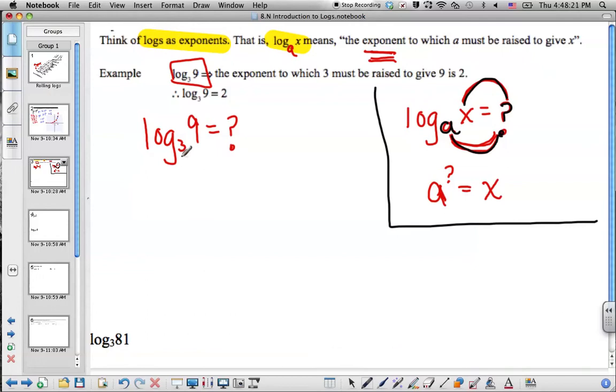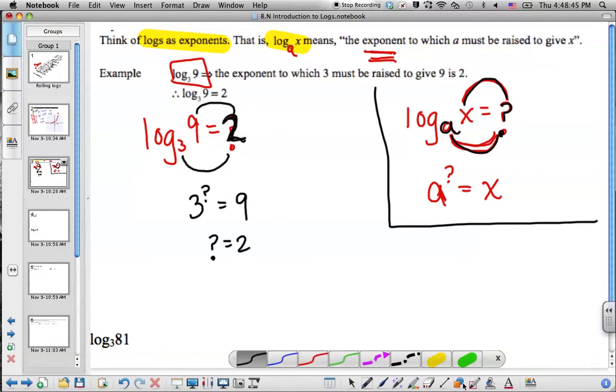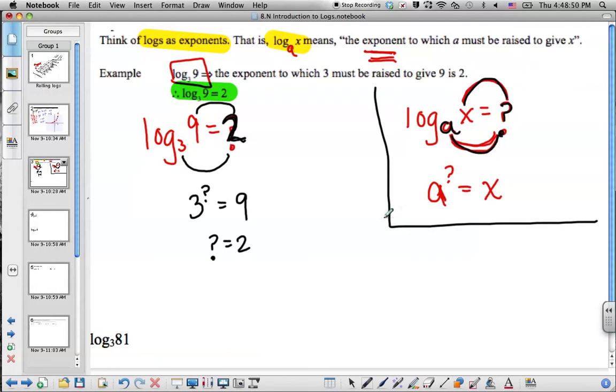So we start with the base of 3, we raise it to a power we don't know, that's going to be our answer, and that's equal to 9. Everybody knows that 3 squared is 9. So our answer is 2. We could write log base 3 of 9 to just be 2. That's your answer. Or you can replace log base 3 of 9 with 2.